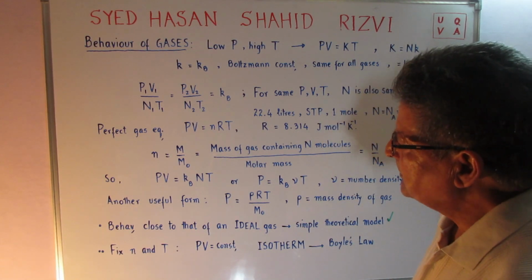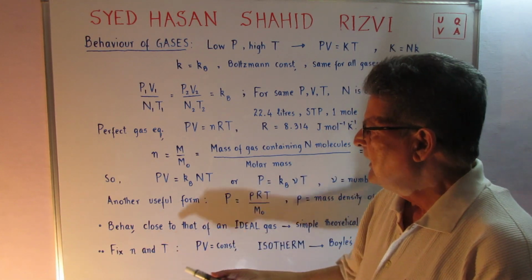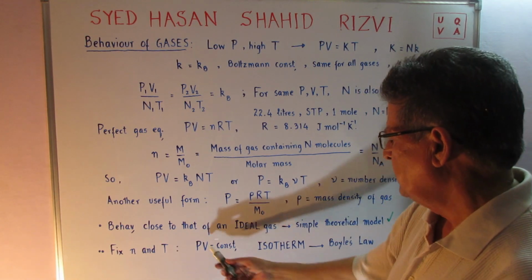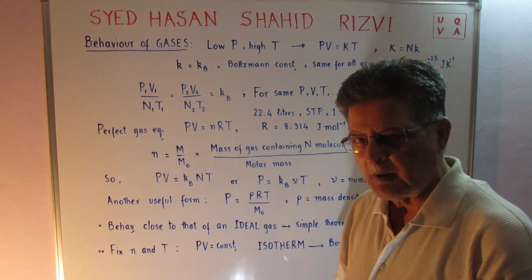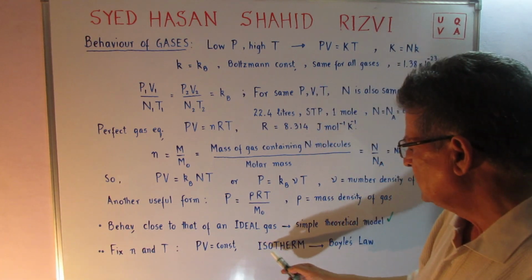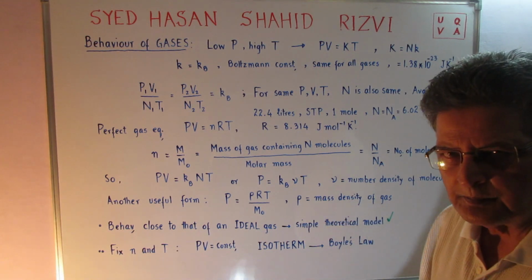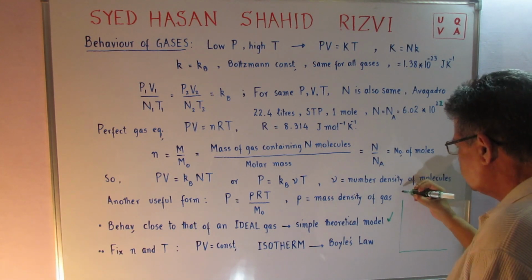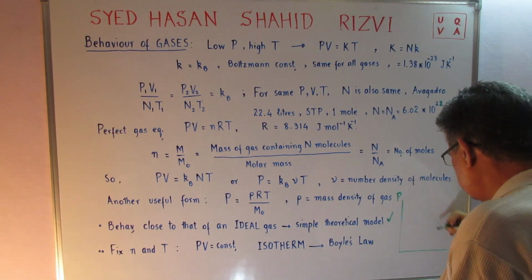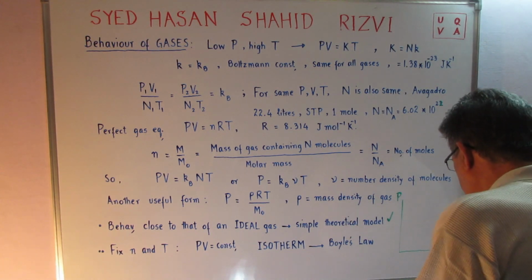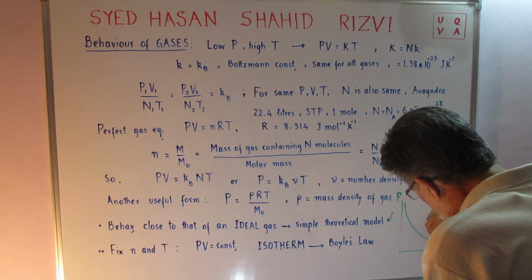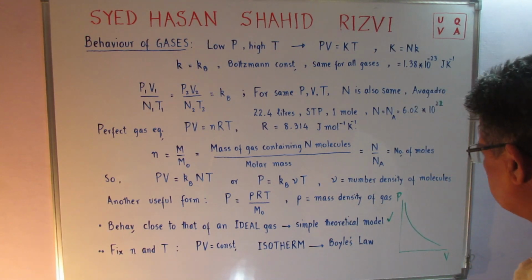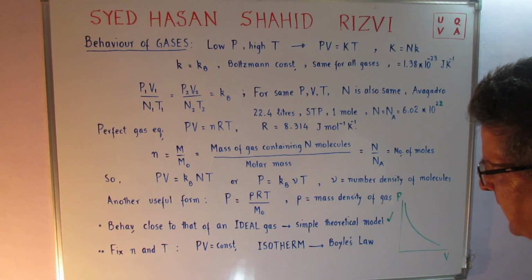Now what we do is, in this equation, if I fix n, the number of moles, and the absolute temperature, capital T, then PV is equal to a constant, because the temperature is constant, and that is a curve which we call an isotherm, which pertains to this is P and this is V. So we get, on a linear scale, a curve like this, where every set of P1, V1, P2, V2, etc. will have the same area under the curve.